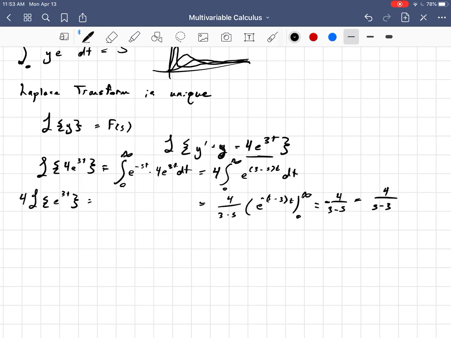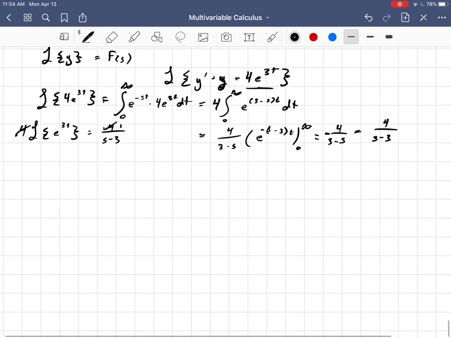So yeah, okay, that works. So the Laplace transform of 4e to the 3t is 4 over s minus 3. And that suggests that if I get rid of the 4's here, the Laplace transform of e to the 3t is just 1 over s minus 3.